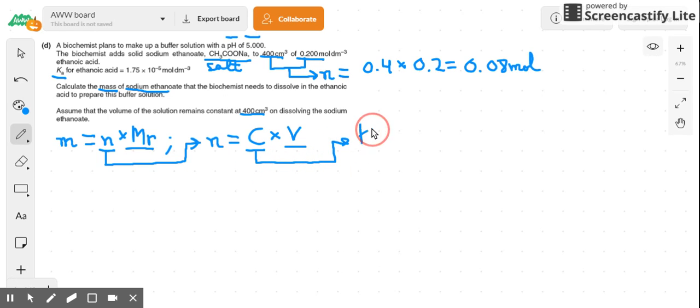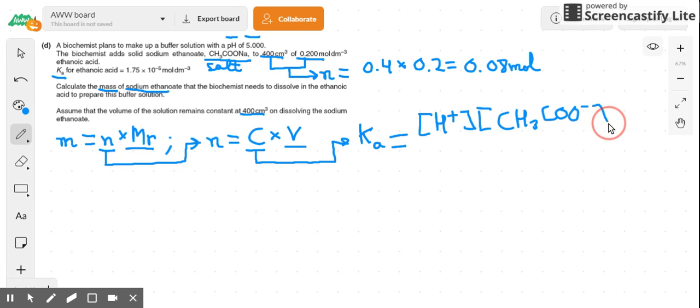Probably from the Ka expression. So the Ka equals concentration of protons times concentration of conjugate base, all of it divided by the concentration of acid.